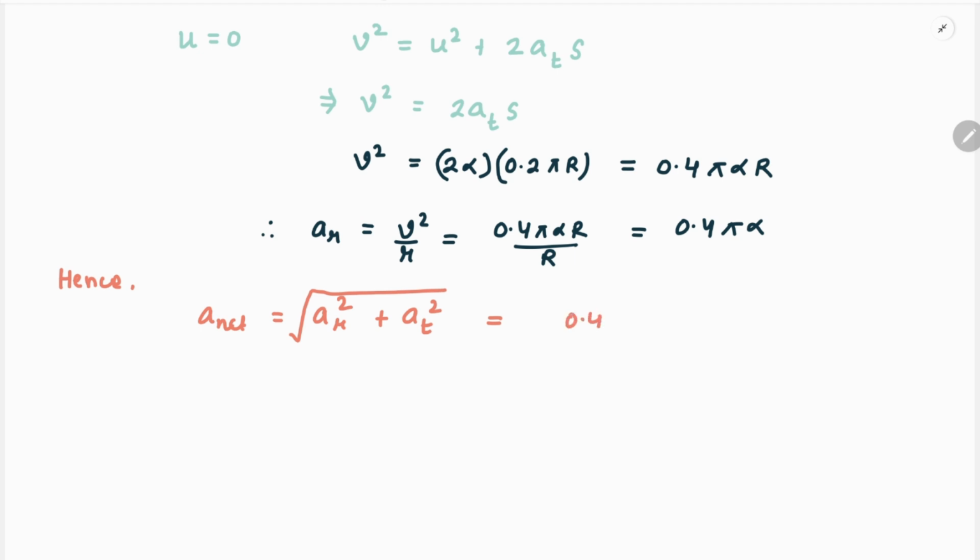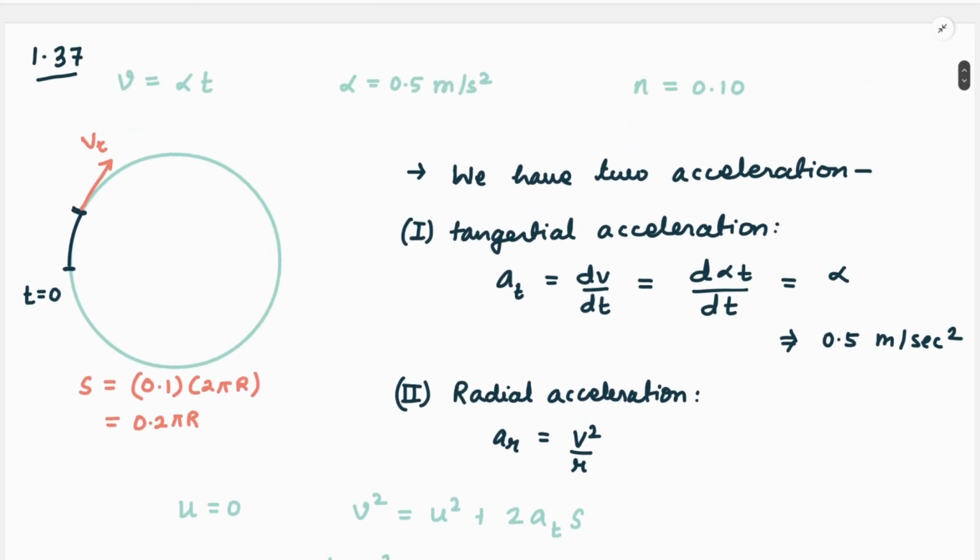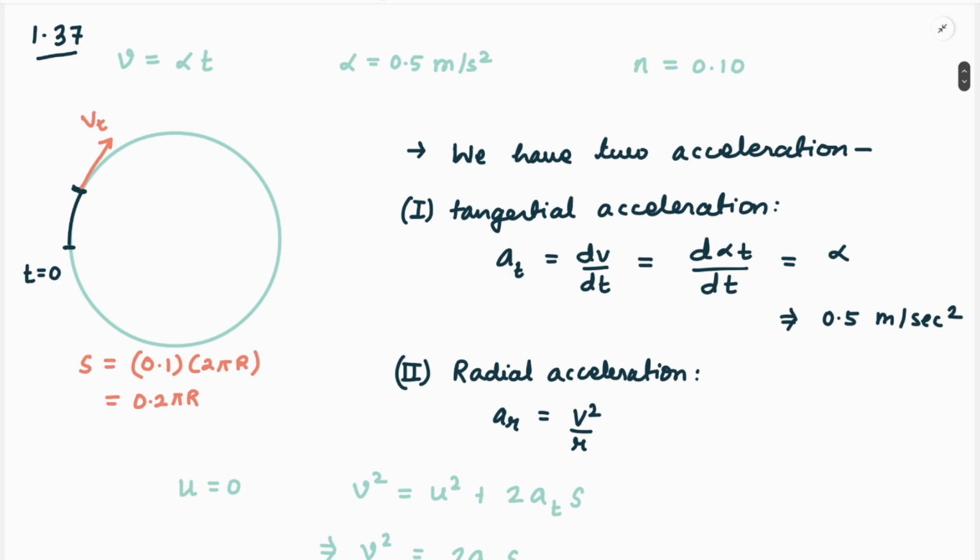So we have the square root of 0.4 pi alpha squared plus alpha squared, and on putting the value of alpha, which we know as 0.5 in the problem, we obtain the magnitude of net acceleration as 0.8 meter per second square. This is the final answer for this particular problem, and this is how we solve a problem like this. This was problem 1.37.